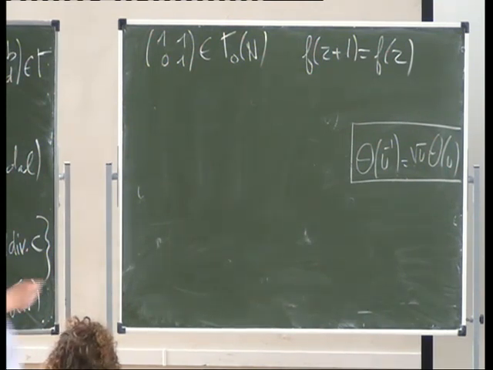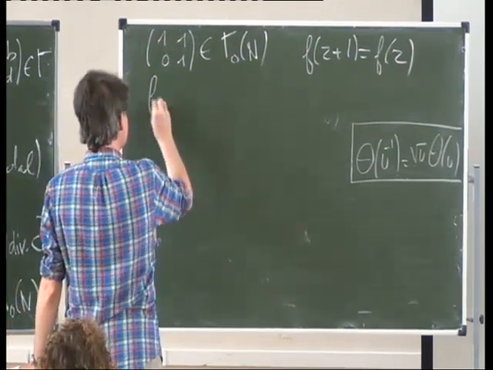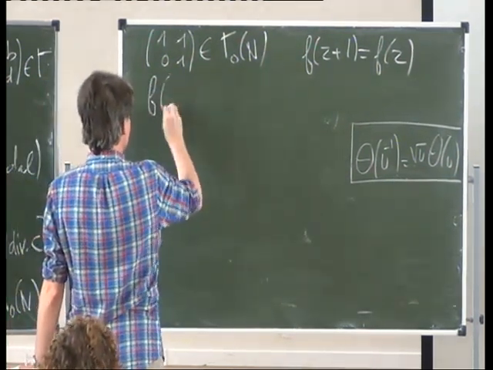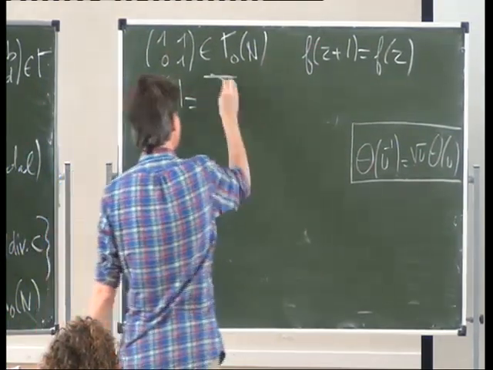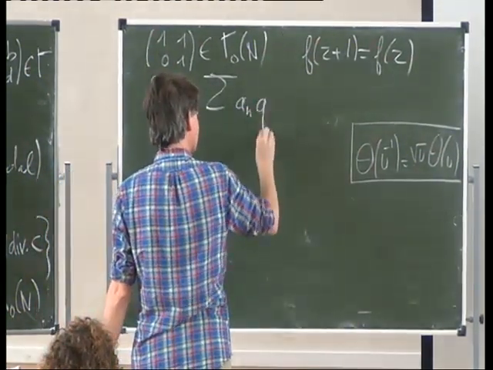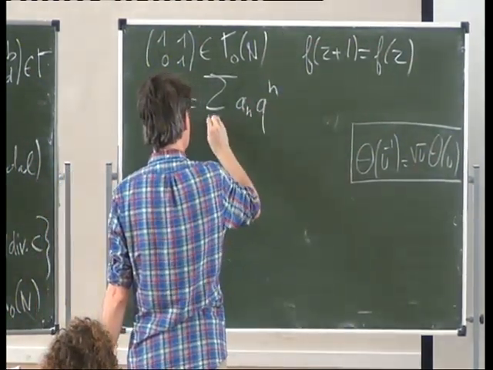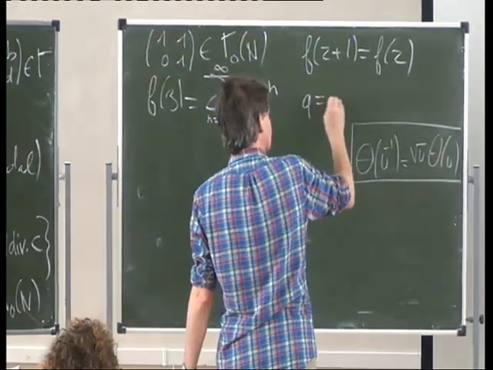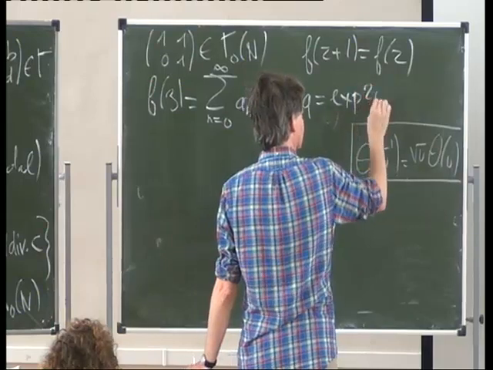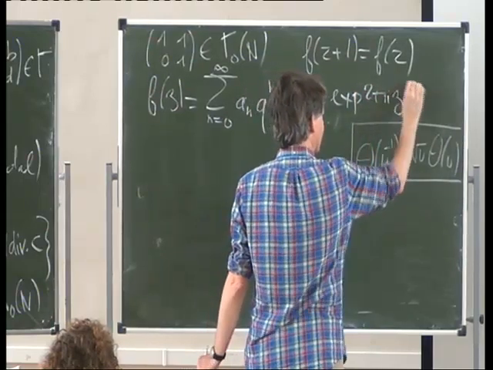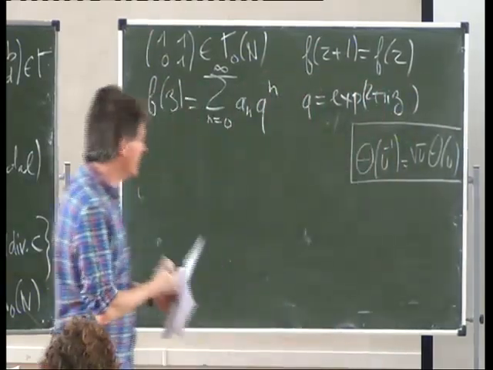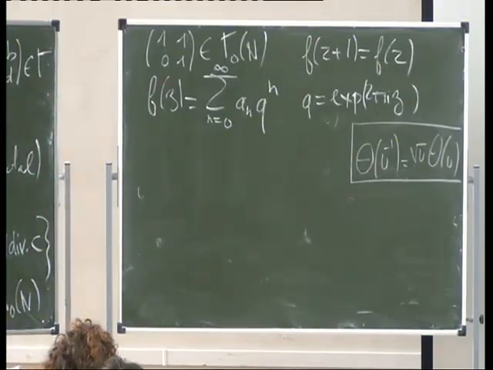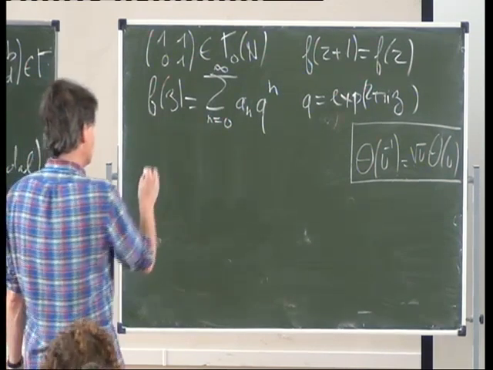So that means that you can write f(z) as the sum of a_n q^n, where q is exp(2 pi i z). That means just writing the Fourier expansion of the function. It's a nice way to look at the coefficients.